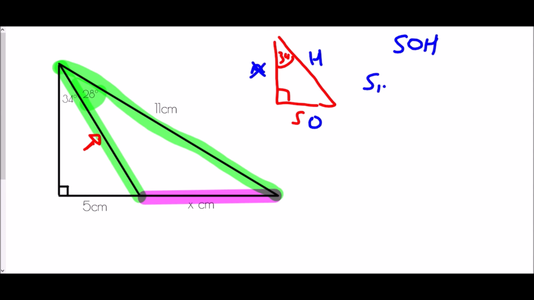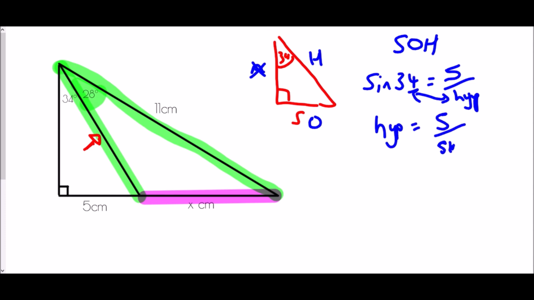So sine 34 equals 5 over the hypotenuse, and therefore the hypotenuse, multiply by the hypotenuse, divide by sine, and so the hypotenuse would be 5 over sine 34.